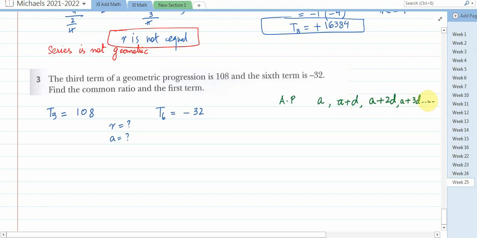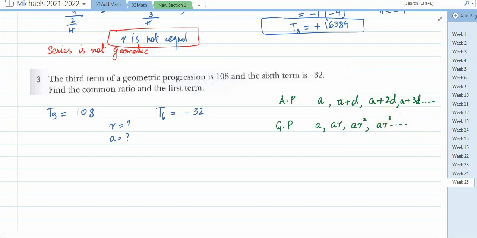That is the general form of arithmetic progression. If you are talking about GP, the first term still is a, the second term is ar, the third term is ar square, the fourth term is ar cube, and it goes on. Because in geometric progression we totally focus on the ratio part.